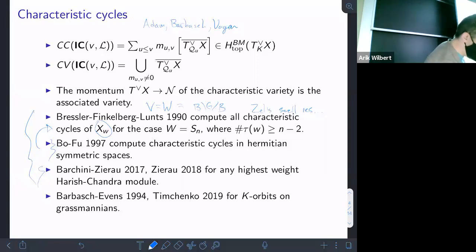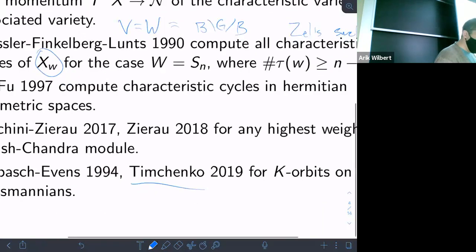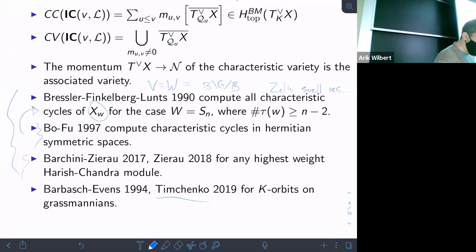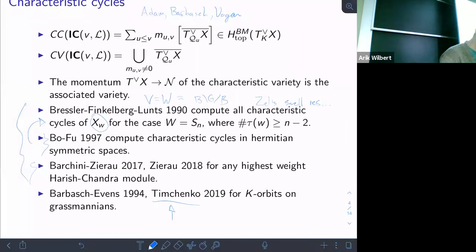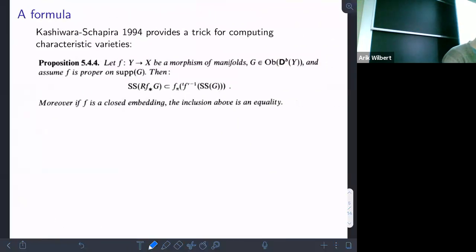And more recently, a student of Sam Evens has computed all of the characteristic cycles for K orbits and Gauss-Manin. I've been working recently with Timchenko on K orbits for isotropic Gauss-Manins for the symplectic group. Hopefully we'll be able to say some things there eventually.